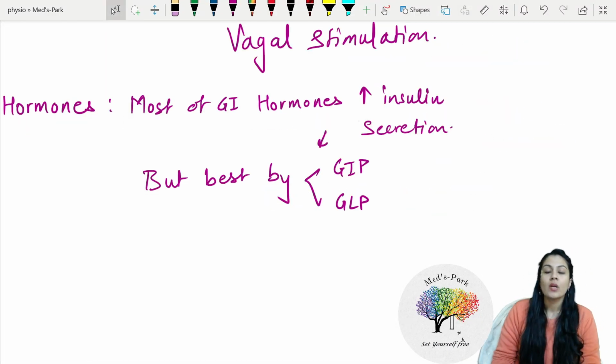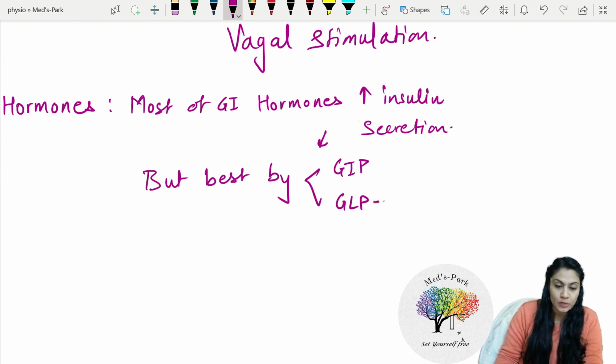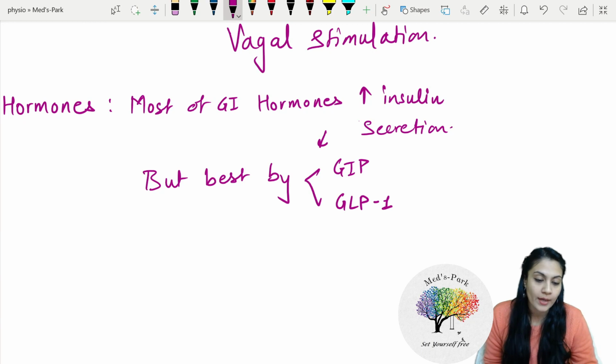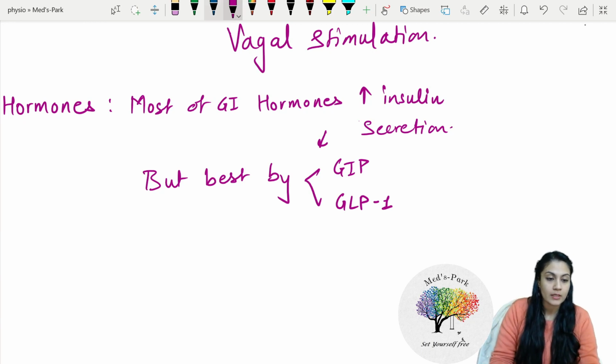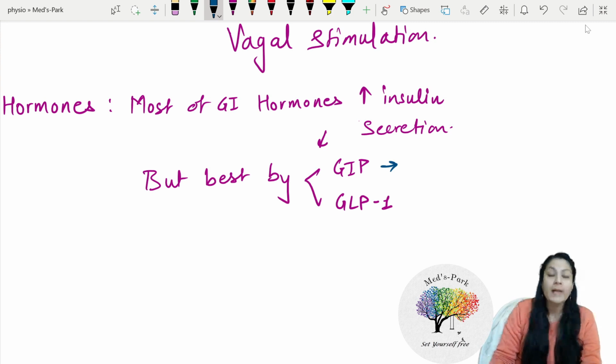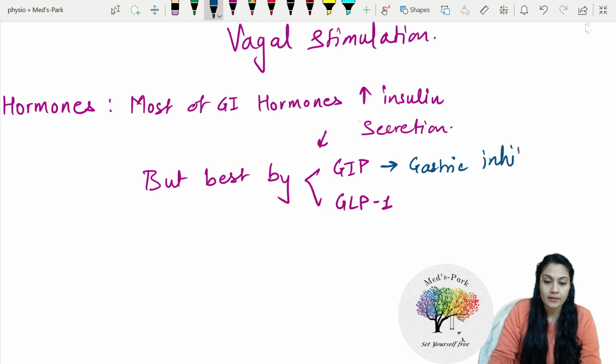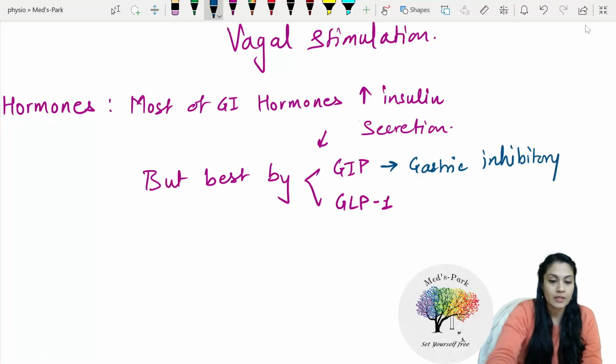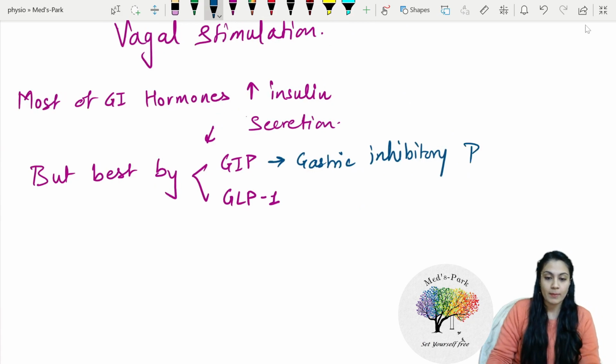Now remember, GLP has many types, and especially over here we are going to talk about GLP-1. Now what is GIP and what is GLP? GIP had a previous name: when it was discovered, it was found to have an inhibitory effect on gastric secretion. So that's why the scientists gave it the name gastric inhibitory peptide.